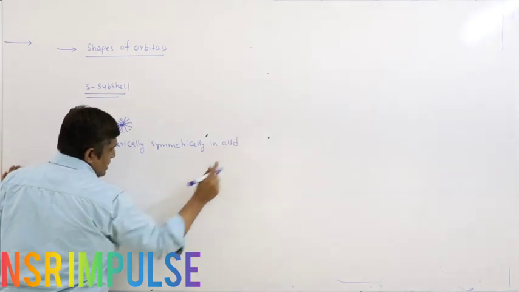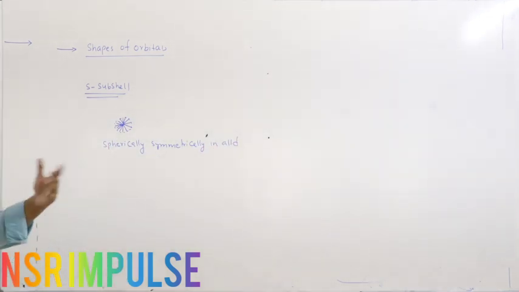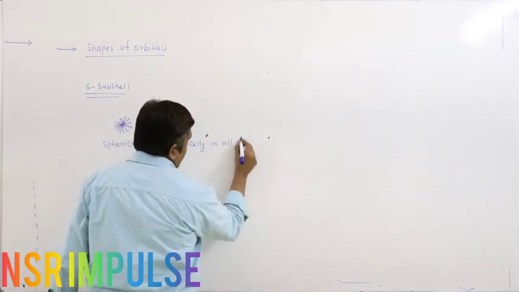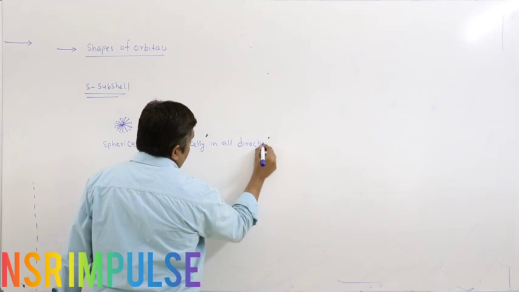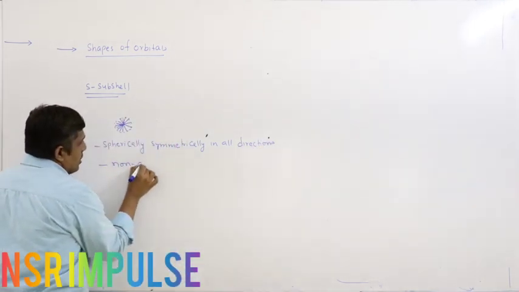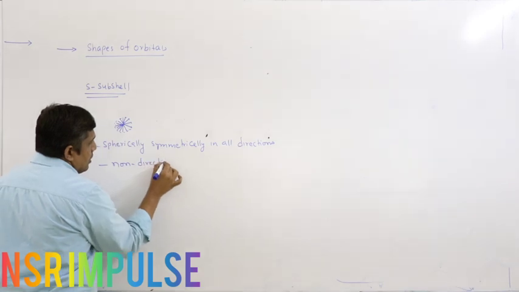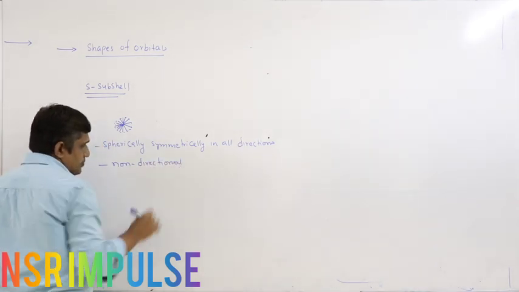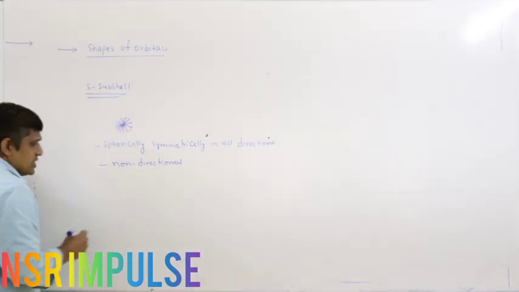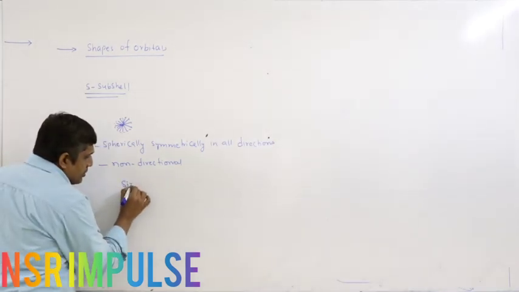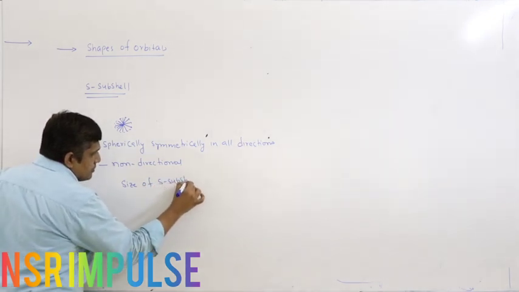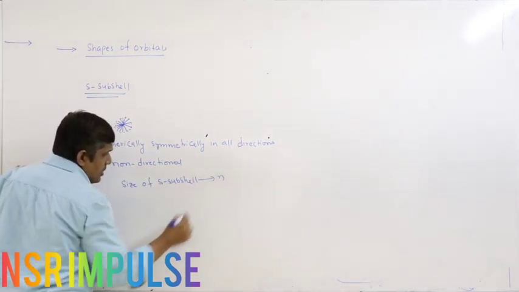That means it only depends upon one factor, that is distance from the nucleus, it doesn't depend upon the direction. Therefore it is non-directional. The size of this S subshell depends upon n value, that is principal quantum number.